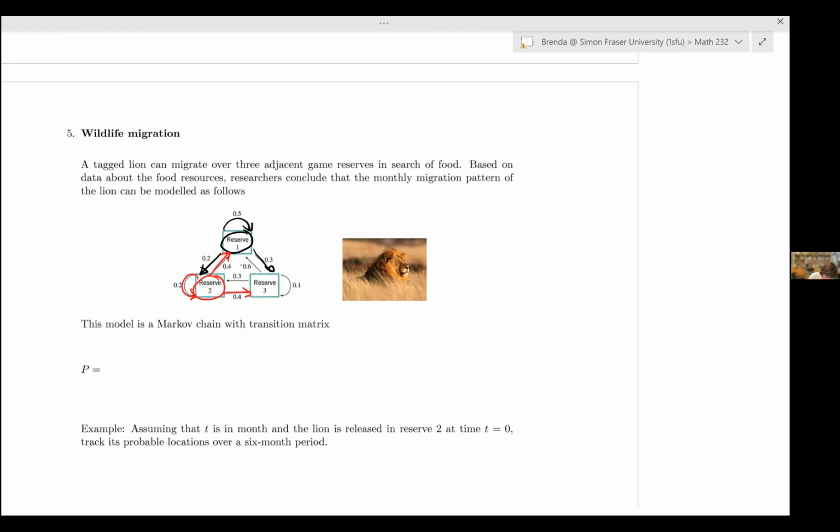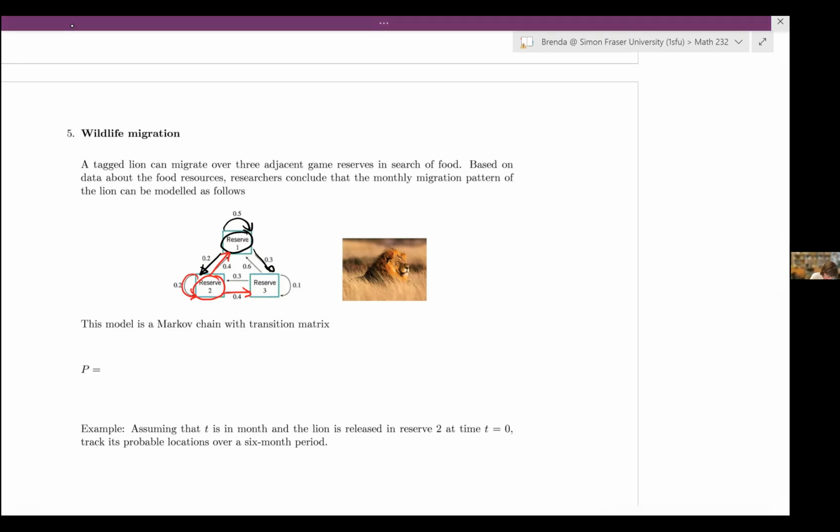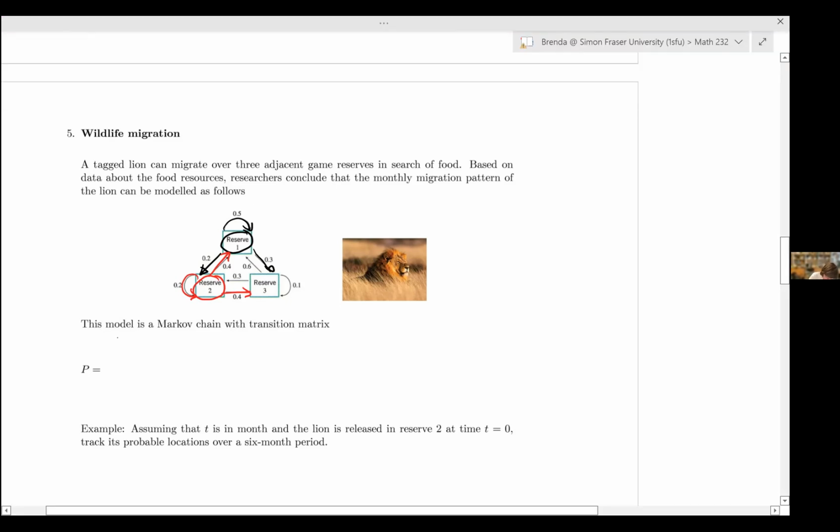Let me show you what the entries in the matrix are in this case. Each column is a probability vector, and each column has to add up to 1. We're going to look first at reserve 1, so the first column is about reserve 1. If you're in reserve 1, what's the probability that you stay in reserve 1?